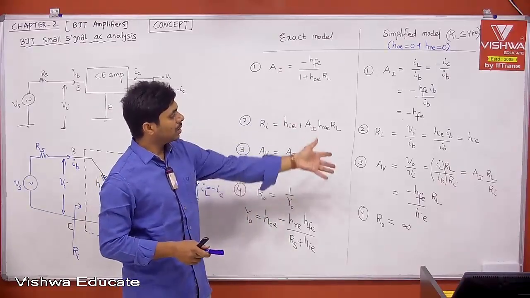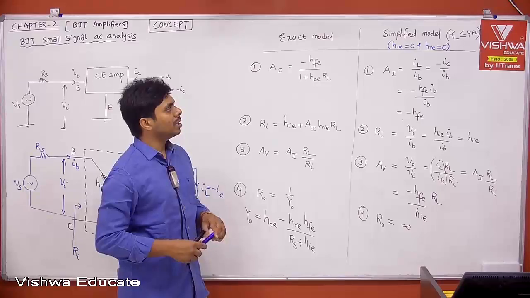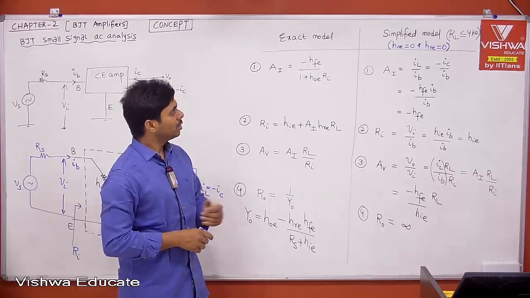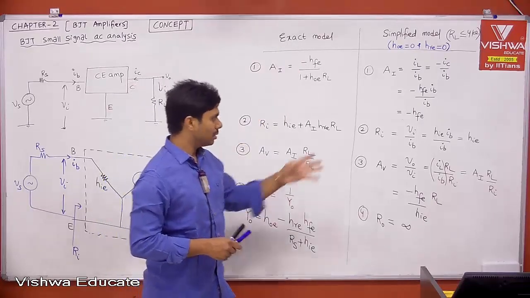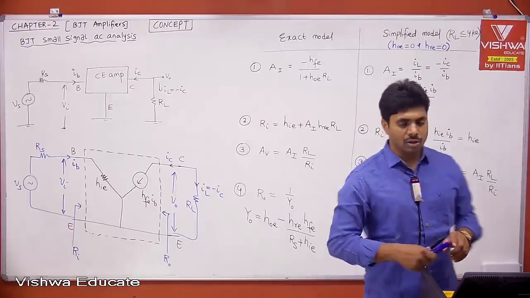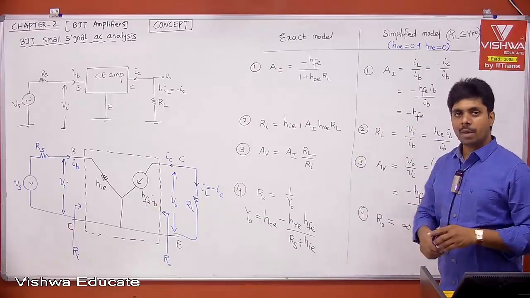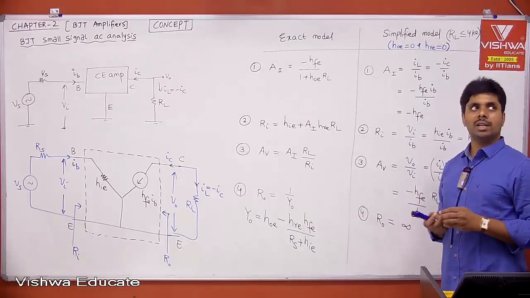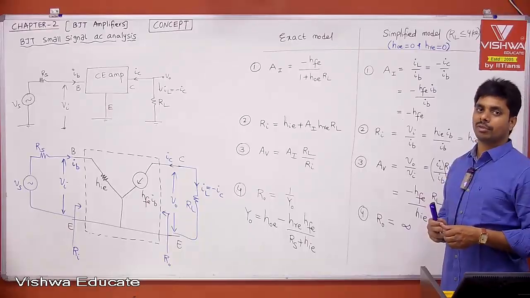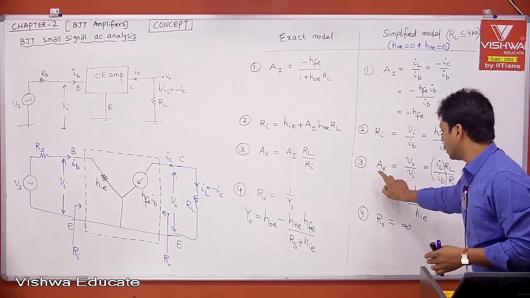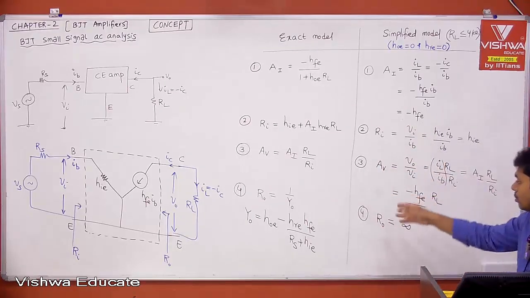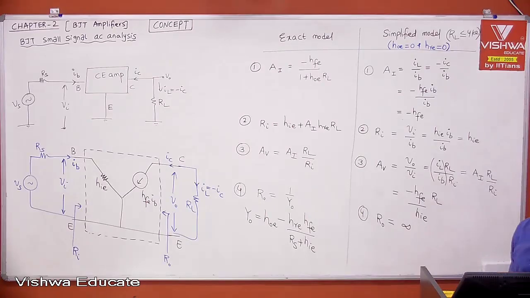Okay? Take it. These are all the derived formulae for the common emitter amplifier AC parameters using the simplified model. But out of the 4, the main parameter I am looking for, because ultimately my practical amplifier is a voltage amplifier, is the voltage gain. I am not looking for Ri or R0, because whatever Ri and R0 you want, we can get using a CC amplifier or CB amplifier.